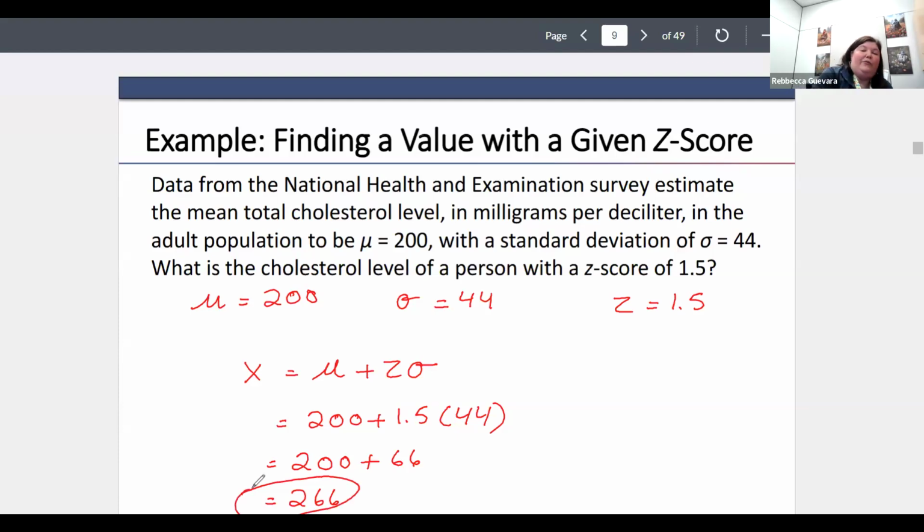If somebody's z-score was 1.5, then based on the information we have, like if we were just told their z-score is 1.5, we can go back and estimate. Well, that means that their cholesterol level was 266.